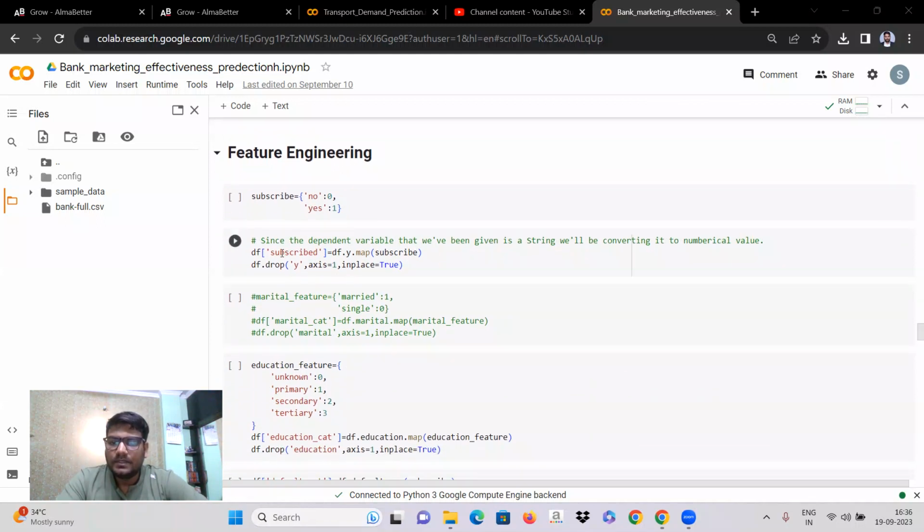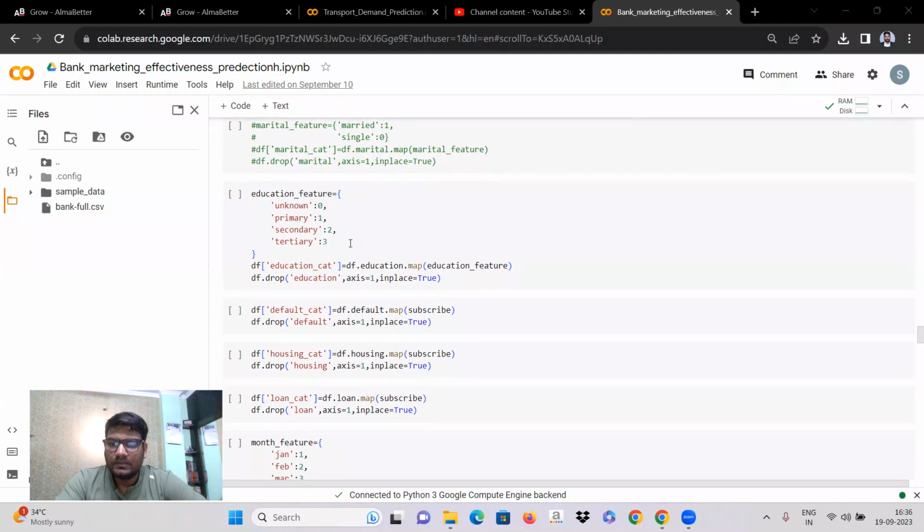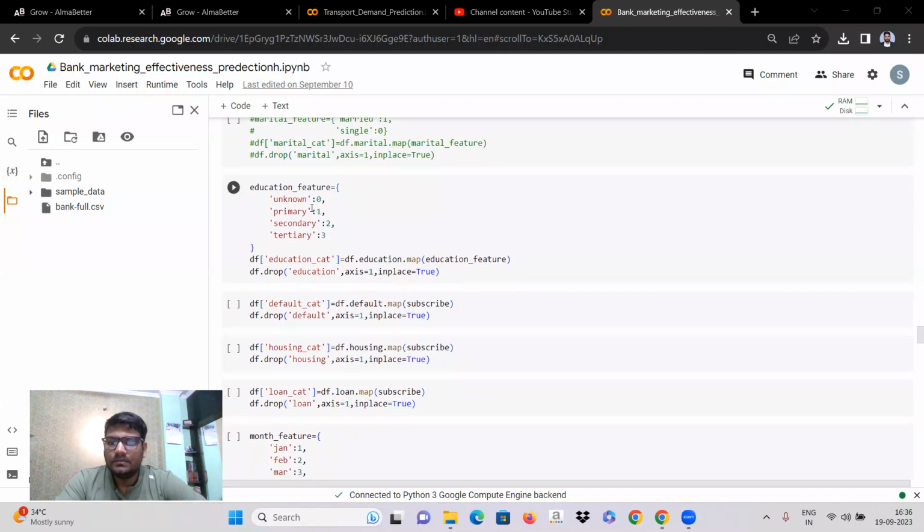So here, if the customer is already a subscriber of the term deposit, we'll be giving them a yes and no. So we'll be doing feature engineering to convert a categorical variable to a numerical one. Similarly, for the education factor, if the information is unknown, we'll take it as zero.